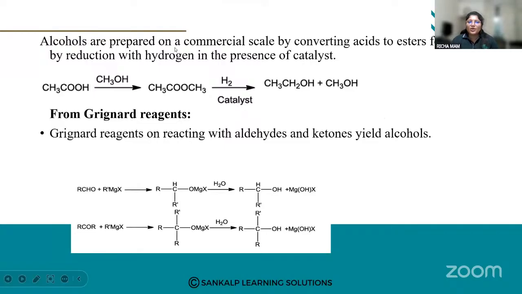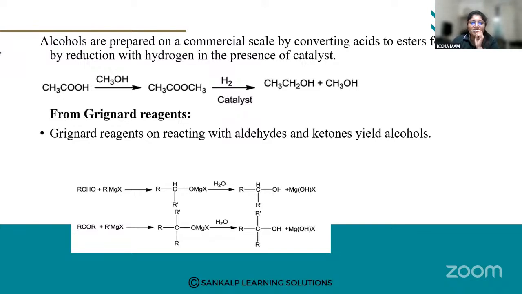Alcohols are prepared on commercial scale by converting the acids to esters followed by reduction with hydrogen in the presence of a catalyst. When I want to prepare alcohol at commercial scale, that is in large quantity, I cannot prepare directly. So what are the steps?